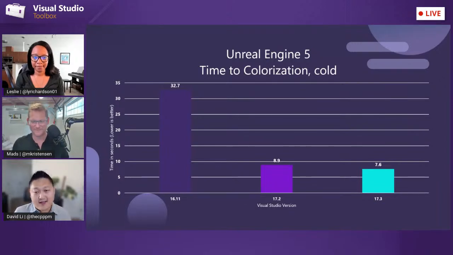So anything after that will be warm. Cold is if you never opened the file before, that would be a cold scenario. Okay, yeah. So in the warm scenario, it just reads those indexes that have already been created back into memory instead of creating them. That's the difference. Yeah.